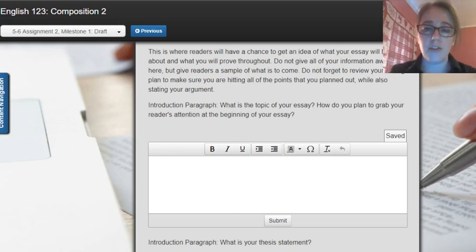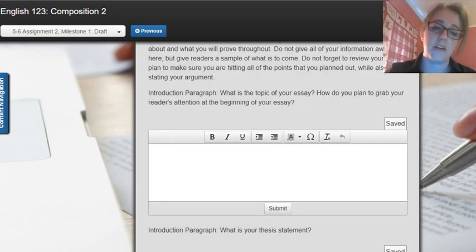Start out with your attention getter. 90 billion students are using text lingo in academic writing and it's terrible. Of course, it's not 90 billion students. I just made that up. But some startling fact to get your attention. Do something in here to grab your reader's attention right at the beginning of your paper. And what is the topic of your essay? Let's write that first section in here.